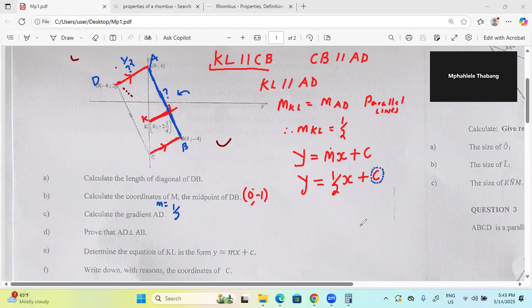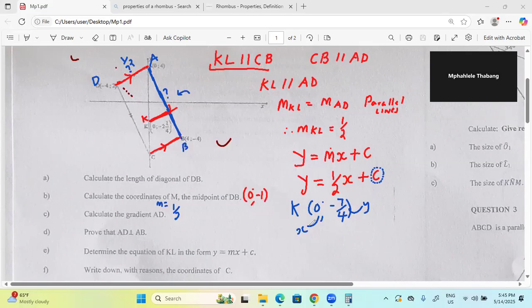How can you find c? You go to the line KL and look for a point on that line. We do have a point on the line KL, which is point K, which is 0 and negative 2 and 1 over 4, which is the same as negative 2 times 4, negative 8, plus 1, negative 7, so negative 7 over 4. Now this is my y, this is my x.